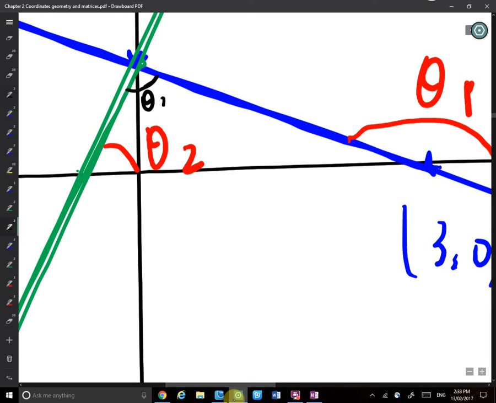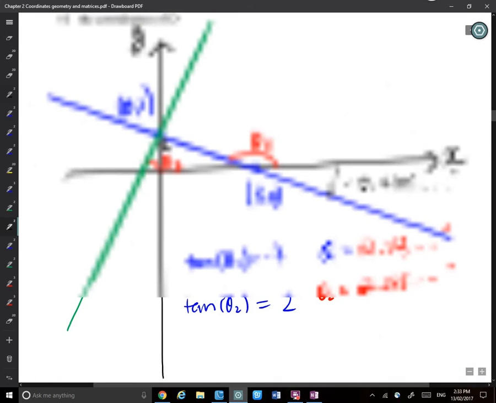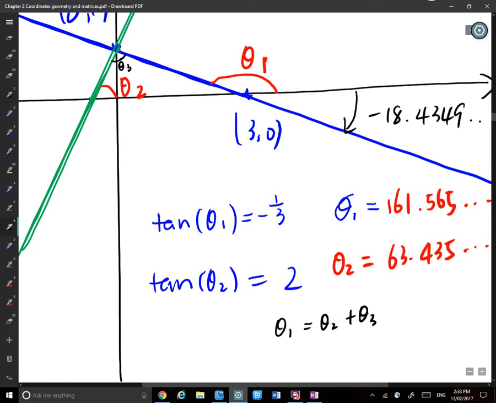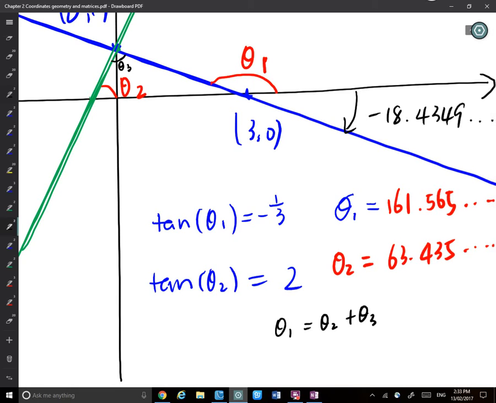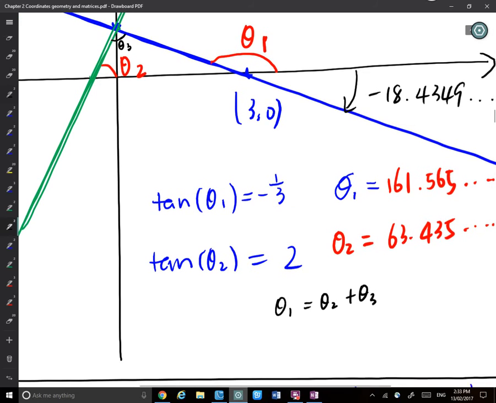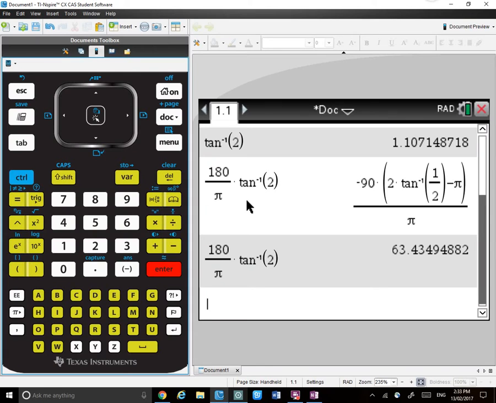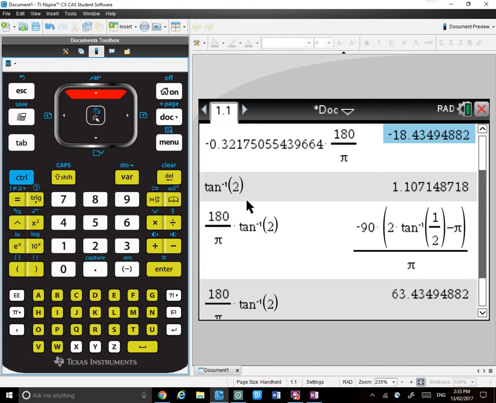Let's say that's theta 3. So what does theta 3 equal? Theta 1 will equal theta 2 plus theta 3, right? By the property of triangles, the exterior angle will be the two interior angles added together. So theta 3 will equal theta 1 minus theta 2. Remember to keep exact values.